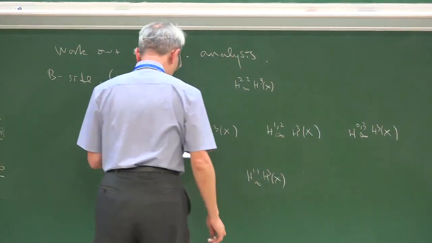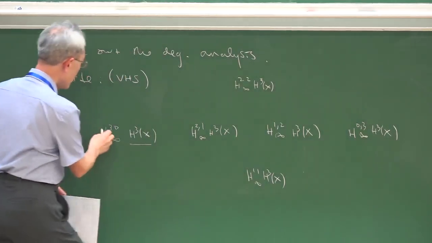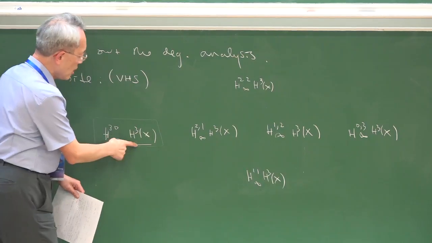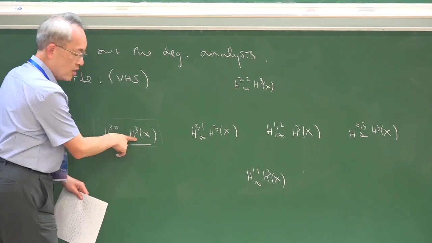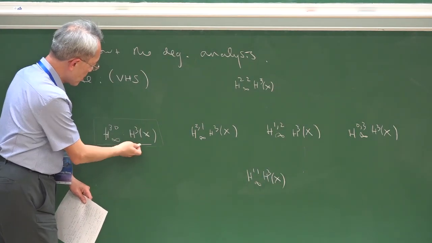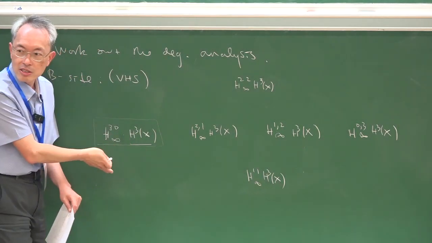Okay, so what happens is this place. Your original H30 is just one dimension because you are in Calabi-Yau 3. But now this piece was still kept in this place.